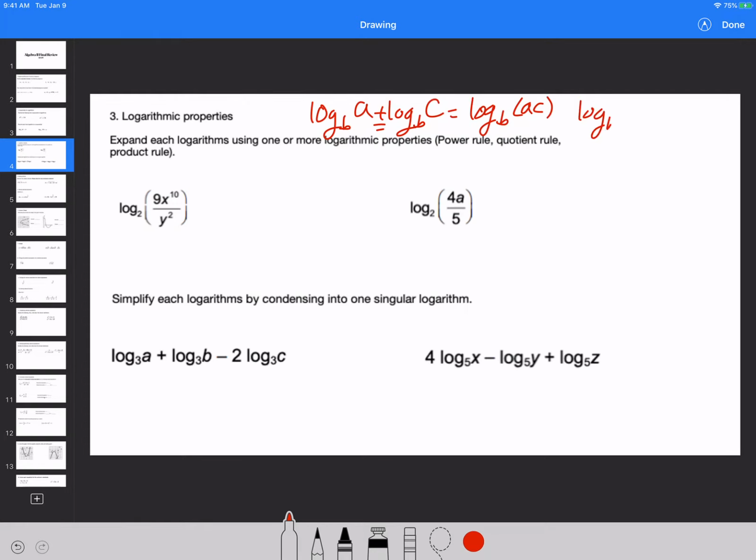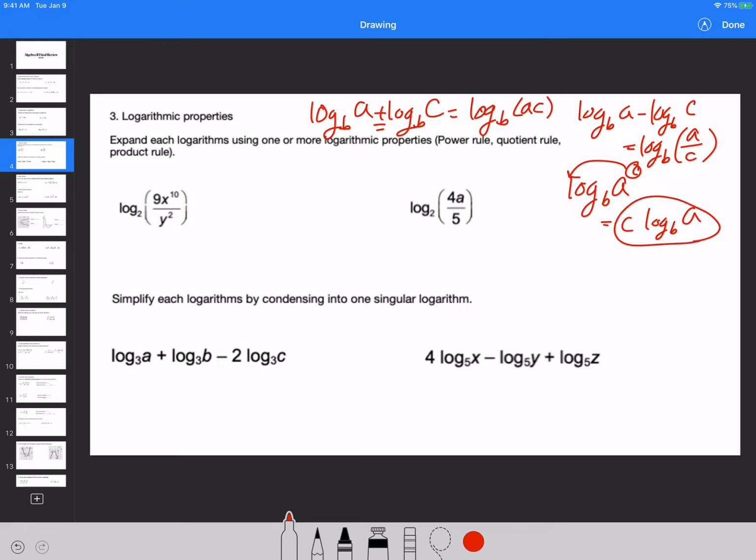And if it's being subtracted, that's log base b of a over c. And if it's log base b of a to the power of c, that comes into the front and that's c log base b of a. We call these the product rule, the quotient rule, and the power rule of the logarithms.